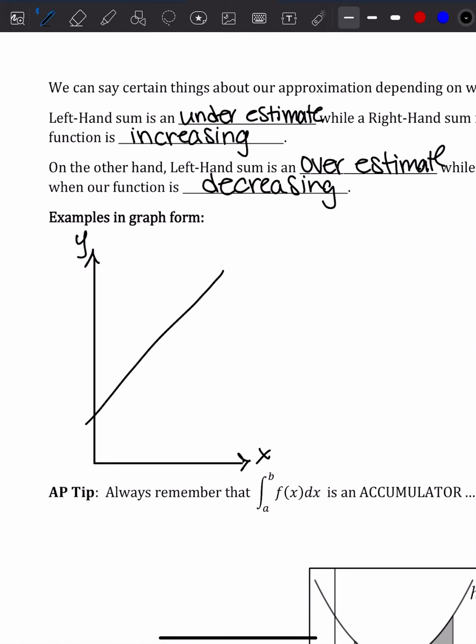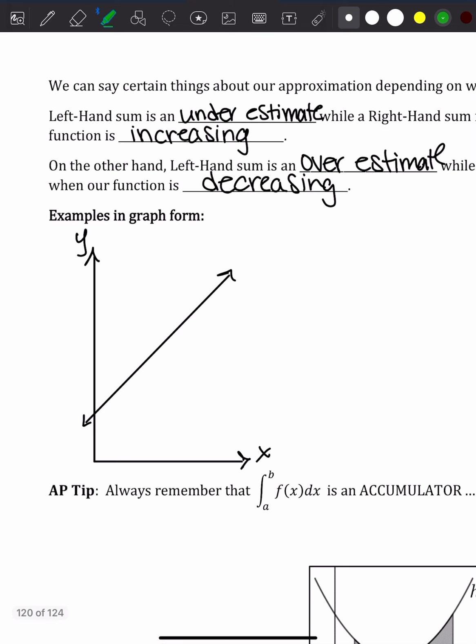So if I have a function that looks like this, it is increasing, and I looked at two random points on here. If I did a left-hand Riemann sum, and this is the leftmost point, I can see that there is that space between my rectangle and my line.